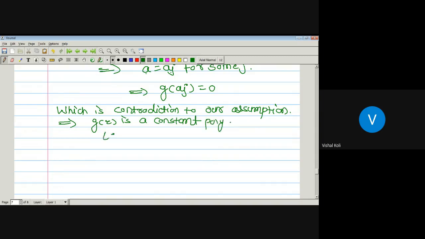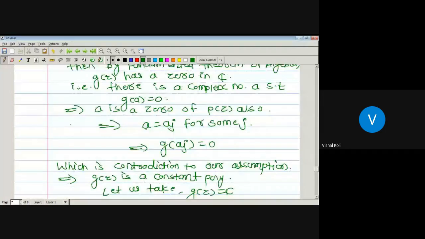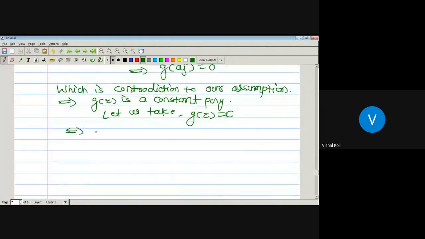So let us take g of z equal to some c and put that value in our p of z, which implies p of z is equal to c into z minus a1 to the power k1 into z minus a2 to the power k2 up to z minus am to the power km.